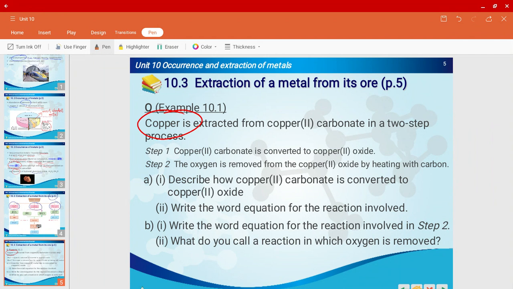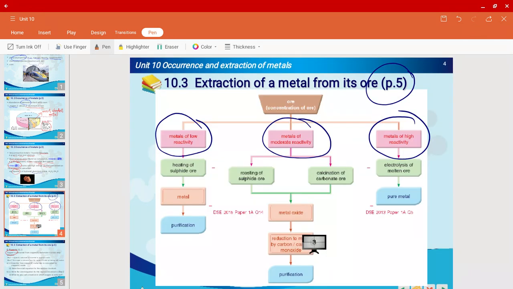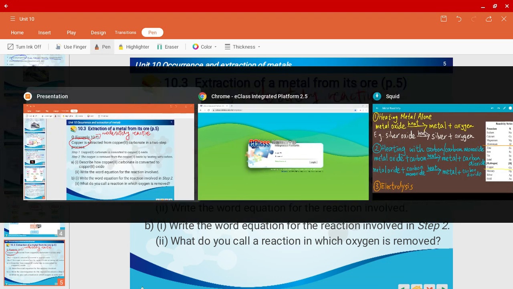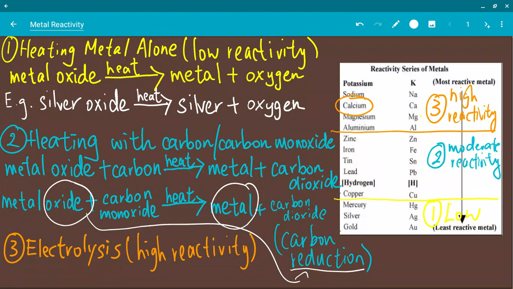If you go back to your table, it is a moderately reactive metal. Hence the process would be method number 2. Copper is over here, so we'll be heating it up with either carbon or carbon monoxide.